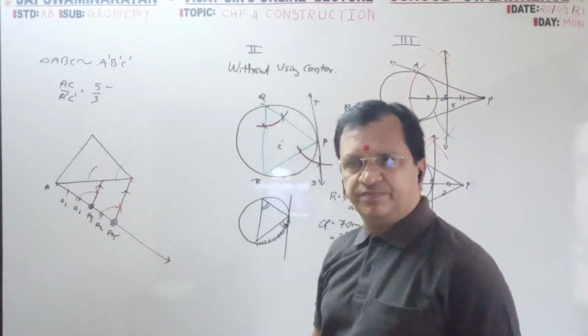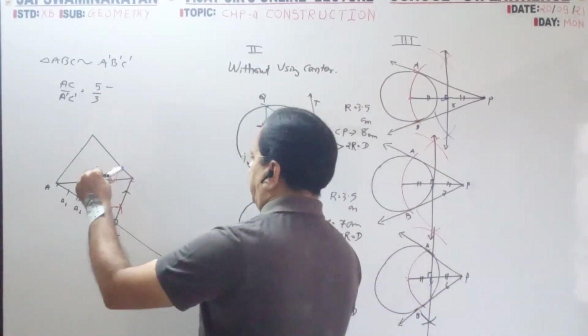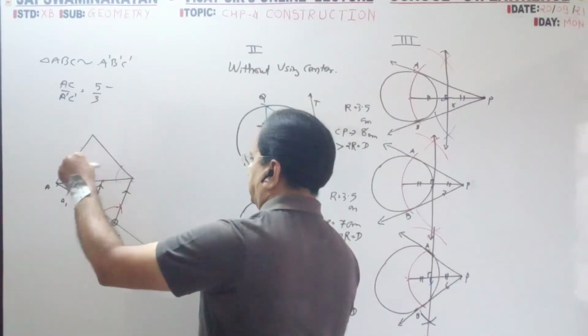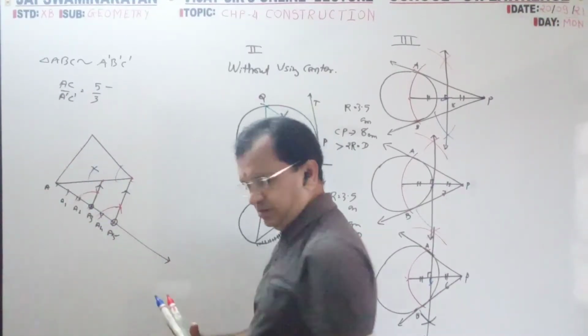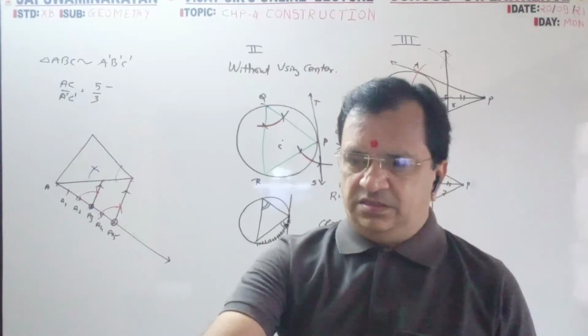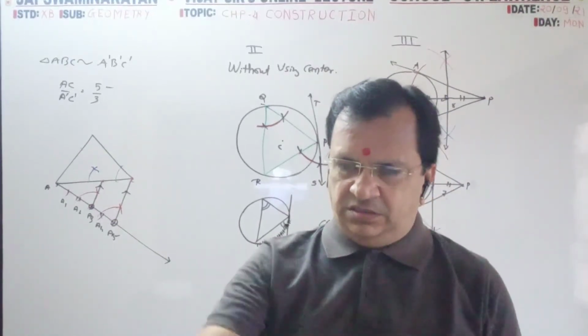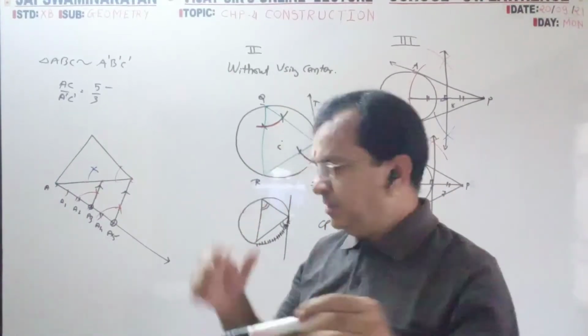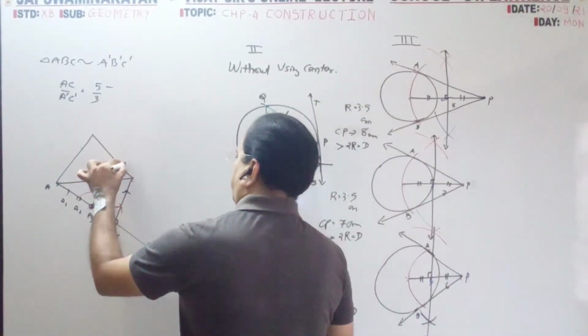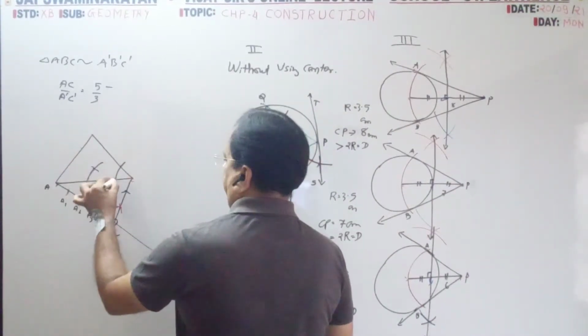Correct? Now measure this: first arc, second arc, then measure from here to here.